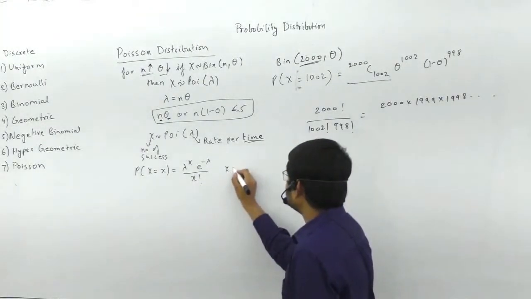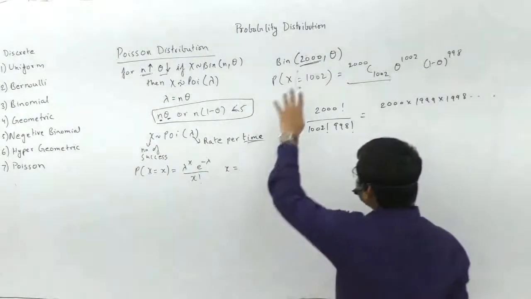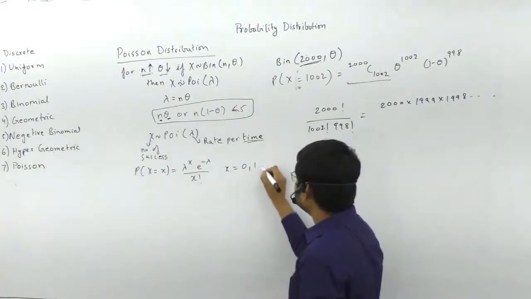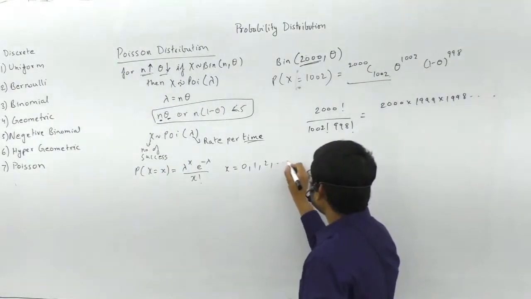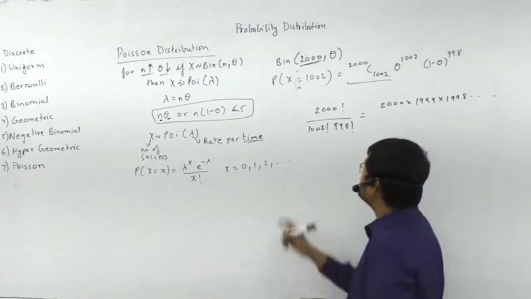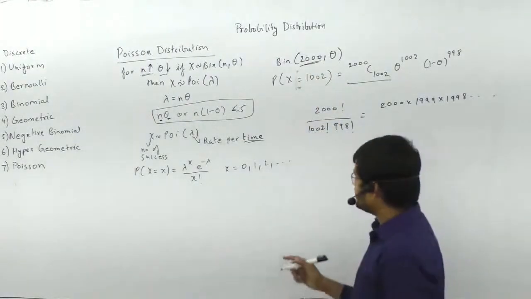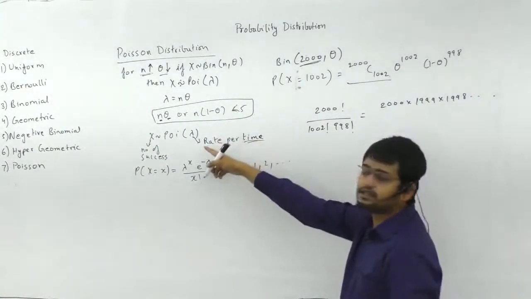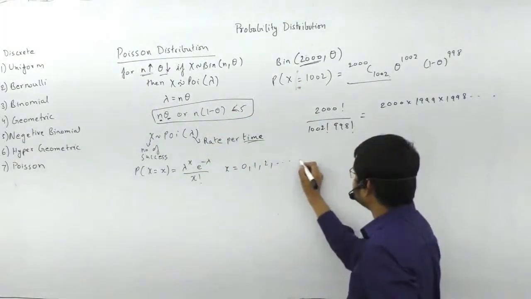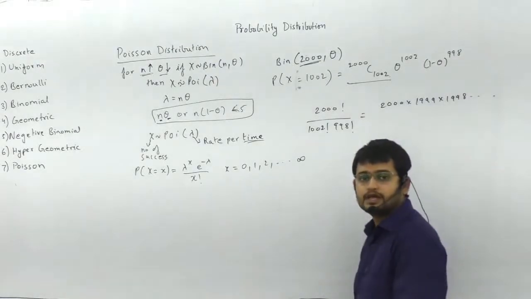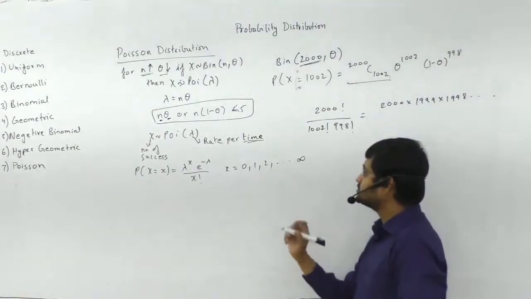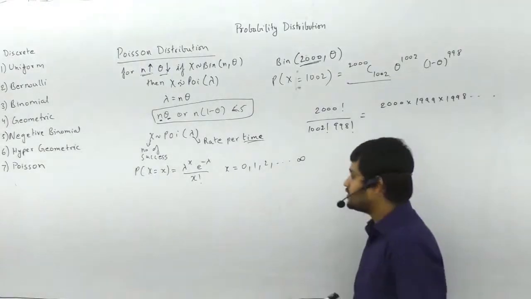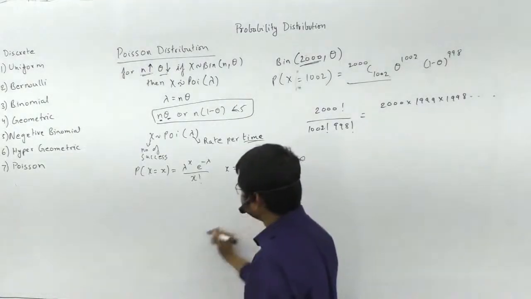For what values? Similar to the binomial distribution, the minimum value of x is 0, then 1, 2, and so on. The maximum for the binomial is n, but here we assume n to be infinite, so x goes up to infinity. Our values of x are all the discrete values from 0 to infinity.